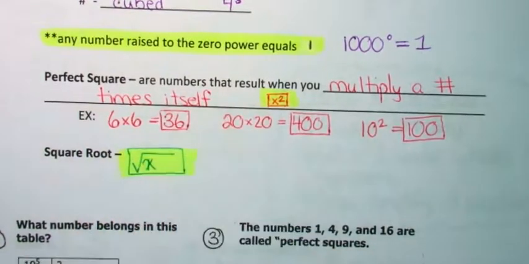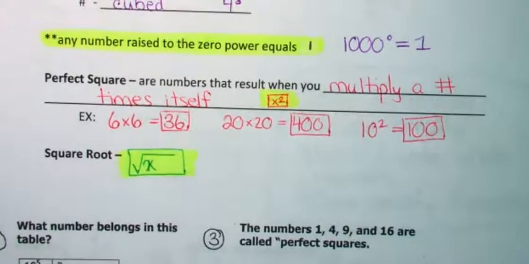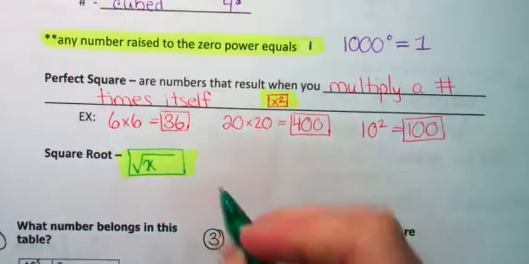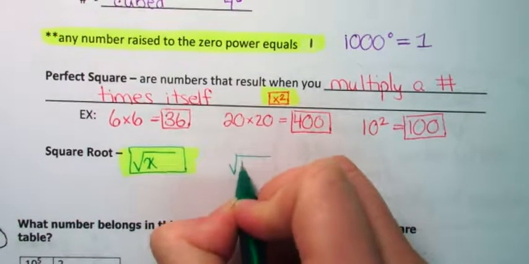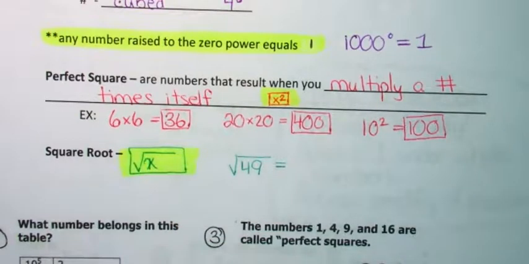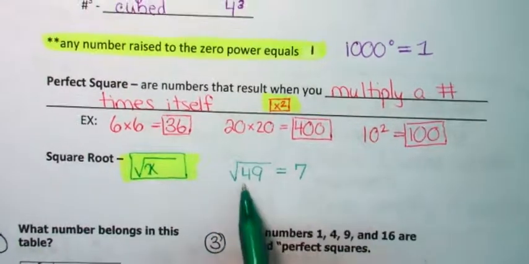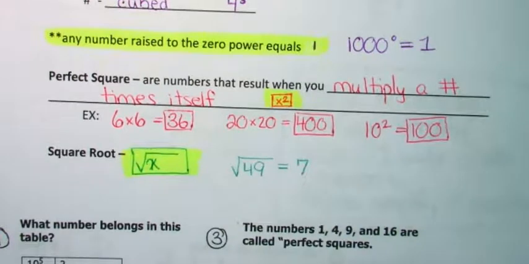If it asks for the square root of a number, it means what number did you times by itself. So if it said the square root of 49, we would have to think what number times itself gave us 49. And that number would be 7. So the square root of 49 is equal to 7. And you can do this with any number that is a perfect square.